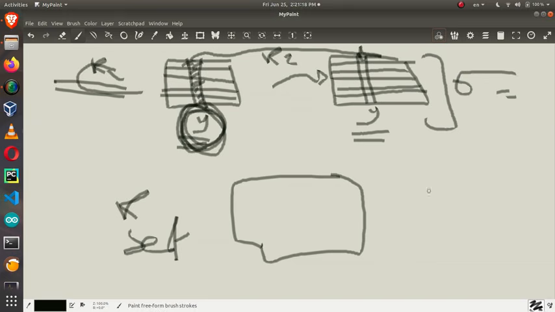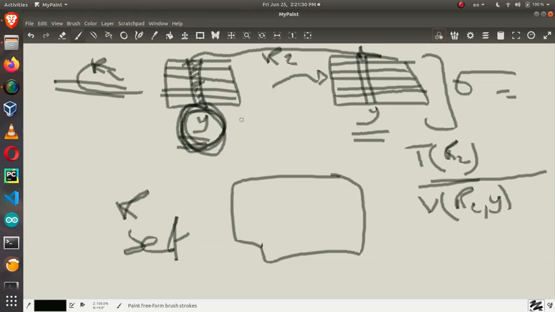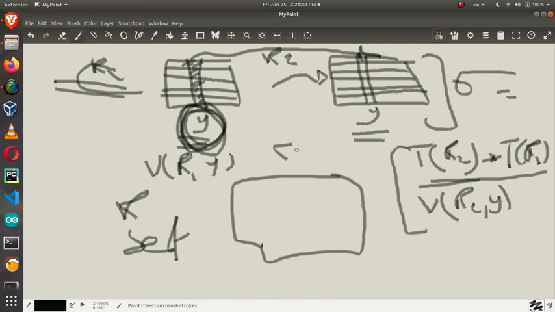So the cost of select equal is T of R2 over V of R2, Y, okay, and we are gonna do this for all tuples in table R1. So we will multiply this fraction by T of R1, and this is the first case where V of R1, Y is less than V of R2, Y. The number of distinct values in table R1 for column Y is less than its counterpart in table R2.